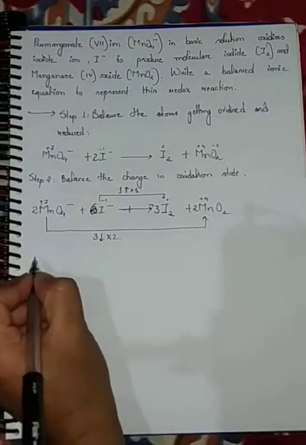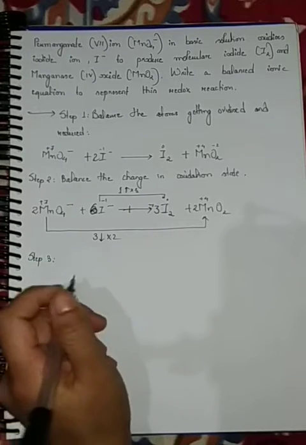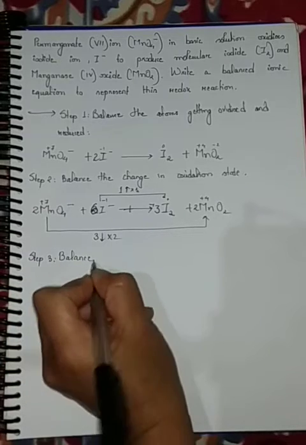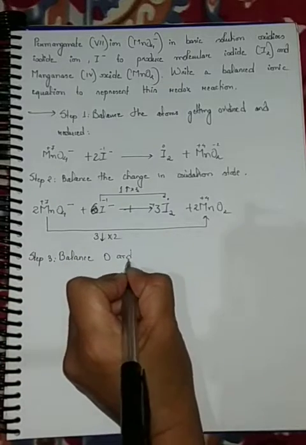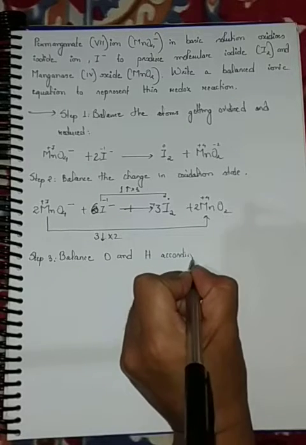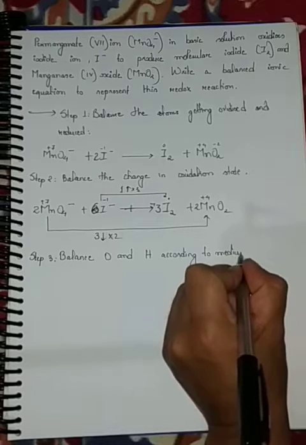Now moving on to step number 3. Step number 3 is we have to balance oxygen and hydrogen according to the medium.